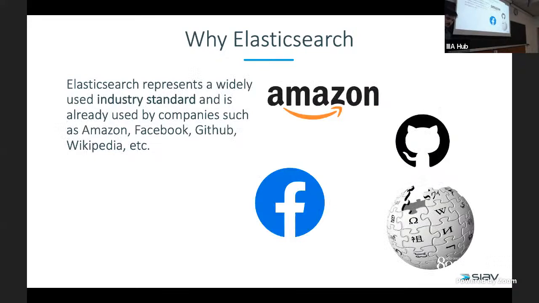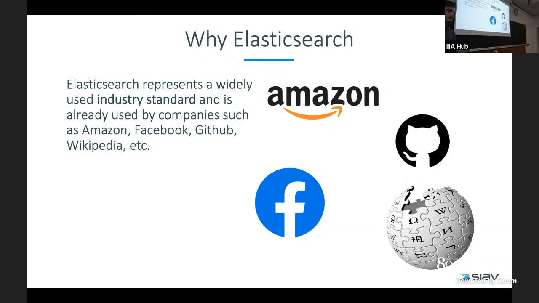The third reason, which is often overlooked, is that Elasticsearch is an industry standard, because it's used by a lot of people, including several large companies such as Amazon, Facebook, GitHub, and Wikipedia.